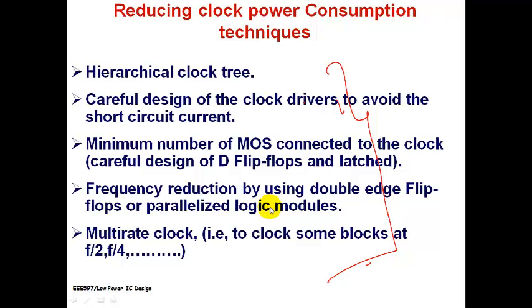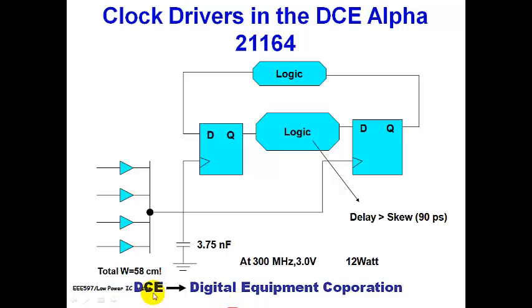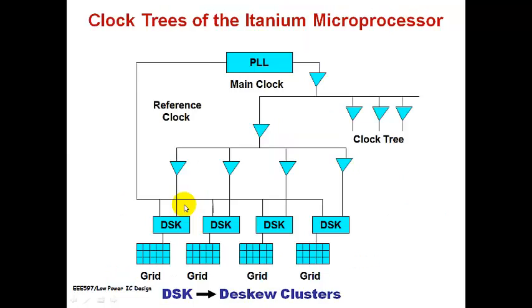In the previous figure I showed you, the width contributing to all these buffers was 58 centimeters. Imagine, using a 180 nanometer device, they had gone for a total of 58 centimeters of device width. Imagine how much chip area that would take and how much power dissipation would be incurred.